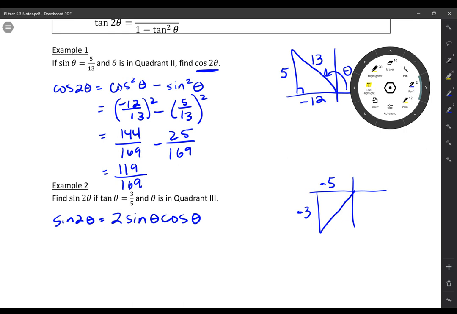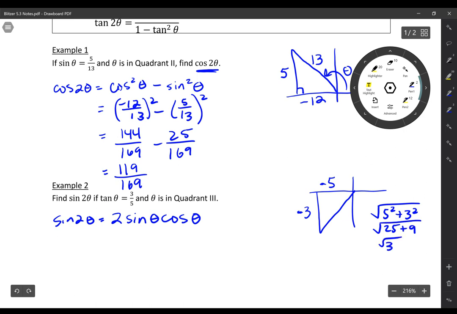We need to figure out the third side on our triangle. So Pythagorean Theorem, it's going to be the square root of 5 squared plus 3 squared, which is the square root of 25 plus 9, which is the square root of 34. So here's my theta, my right angle, and my third side on my triangle, my r side, is square root of 34.